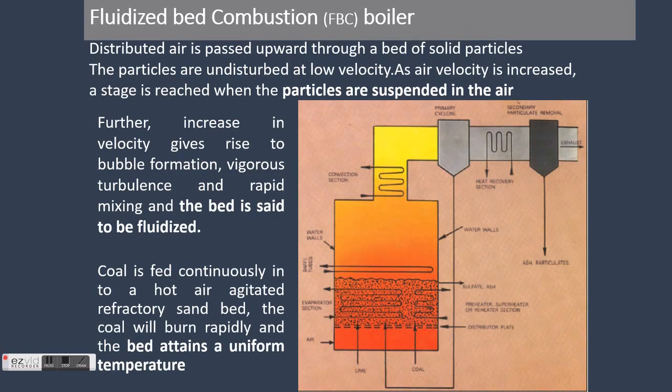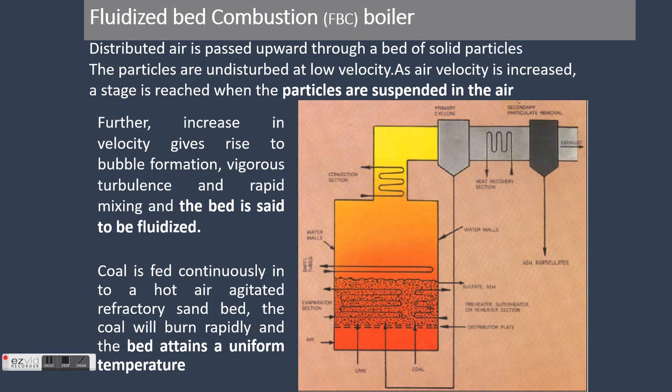Next is the FBC boiler. When evenly distributed air or gas is passed upward through a finely divided bed of solid particles such as sand supported on a fine mesh, the particles are undisturbed at low velocity. As air velocity is gradually increased, a stage is reached when the individual particles are suspended in the air stream.